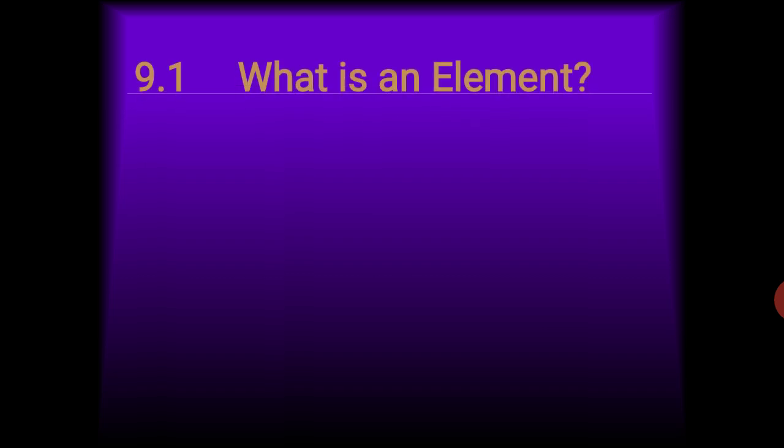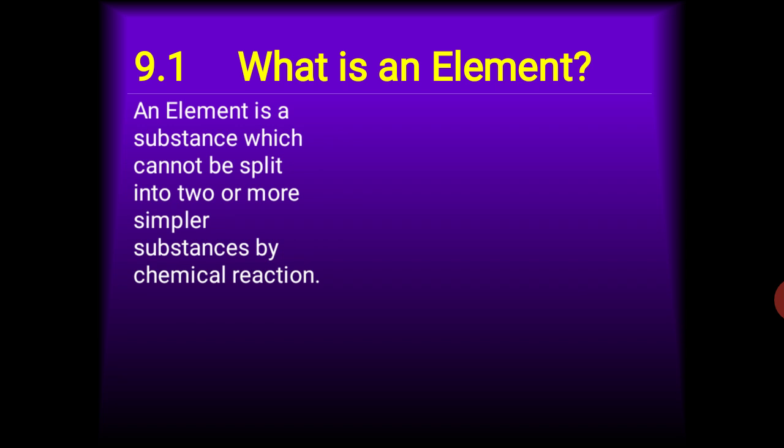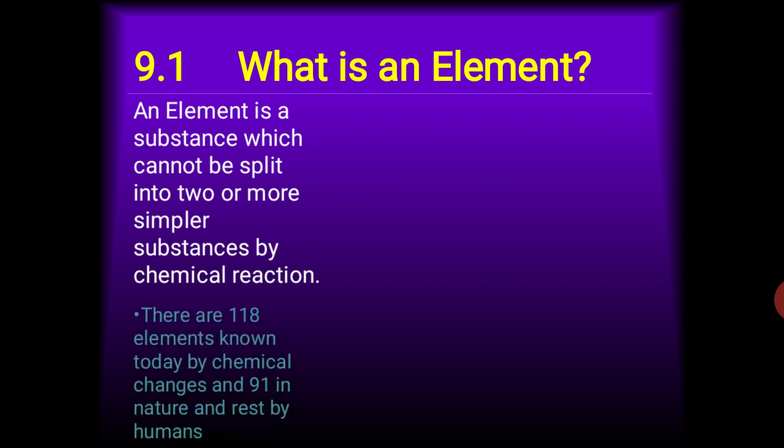So what is an element? An element is a substance which cannot be split into two or more simpler substances by chemical reaction. Actually, it is the simplest kind of matter. It is a very small unit that cannot be broken into two or more substances.